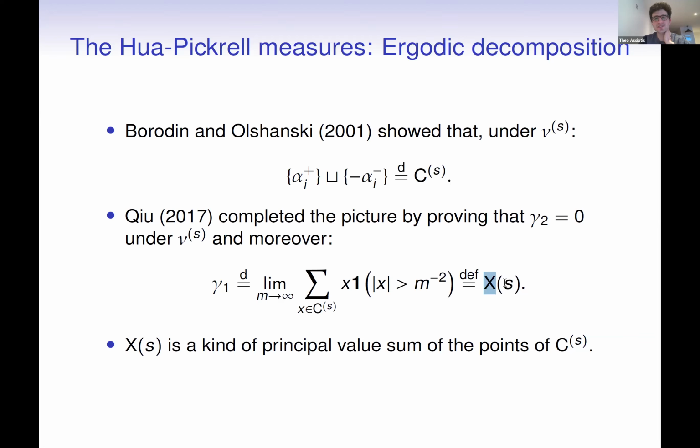So all this history was to tell you that there's a random variable which is given as a principal value sum of points of a determinantal point process, and this determinantal point process comes up in this problem, and also this random variable itself comes up in this problem because it's the law of this parameter gamma 1. And then this random variable appears in my thing here.